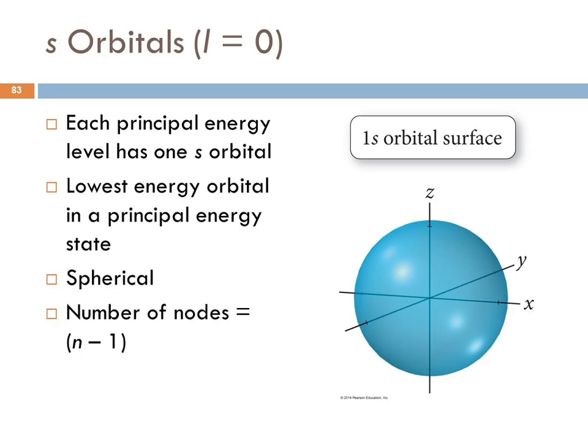If we draw a surface, usually what they do is they enclose the 90%. So this would represent 90% of the time the electron would be within this sphere. And these are a lot easier to draw than the fuzzy dot ones.